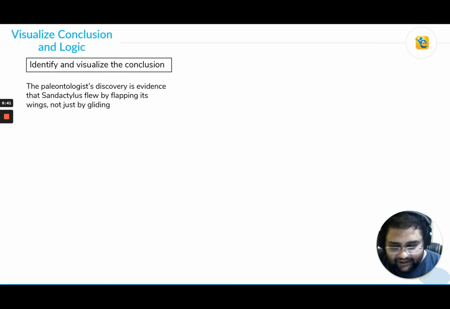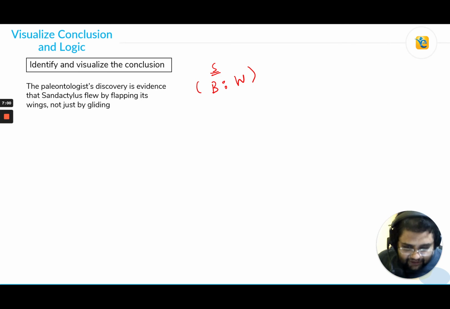The conclusion is that this particular discovery of blood vessel network in Sandactylus is evidence which shows that the Sandactylus flew by flapping its wings also, not just by gliding. Notice, the conclusion is not that Sandactylus flew by flapping its wings. The conclusion is that this particular discovery is proof that Sandactylus flew by flapping its wings. There is a difference, you should notice that.